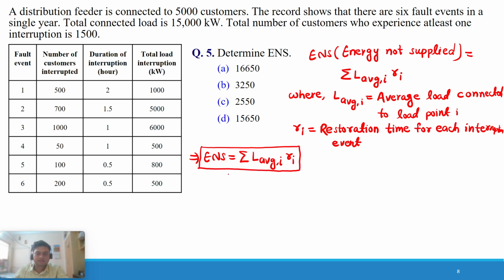So we just need to do the calculation. During the first fault event, we have a total load interruption of 1000 and the duration it is interrupted is 2 hours. So 1000 into 2, plus for the second fault event 5000 into 1.5, and for the third fault event 6000 into 1.